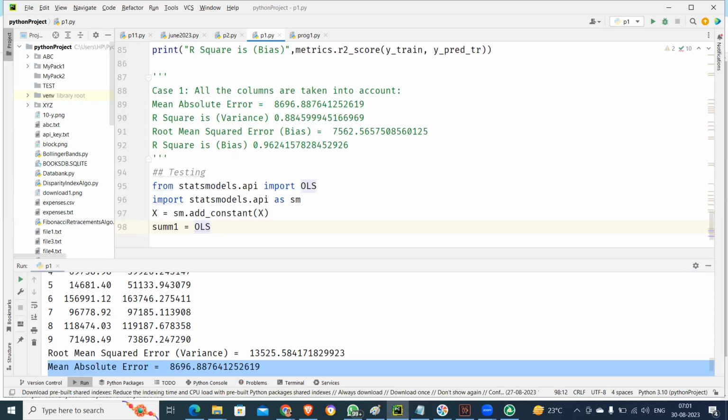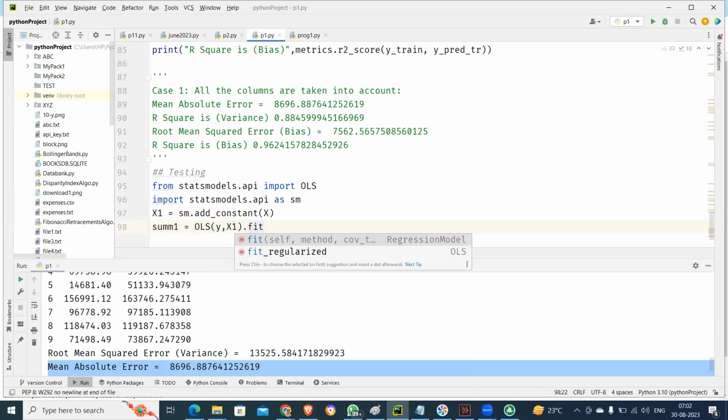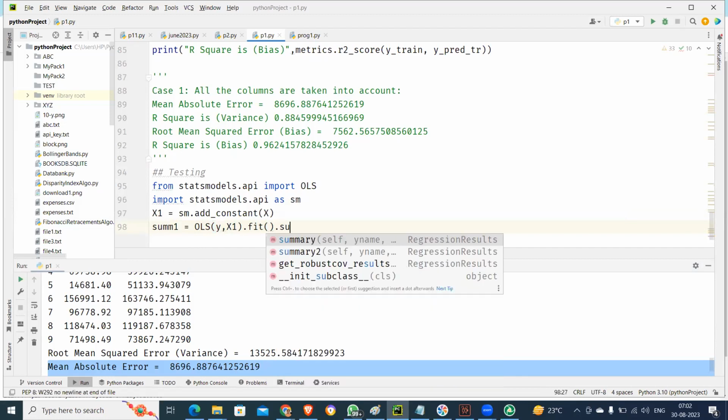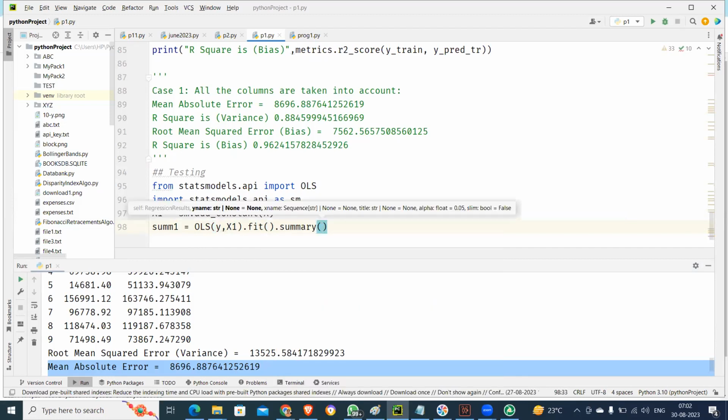Now I'll put x1 here, because we'll create multiple x's. So x1 equal to x with the constant added, so I'm adding all x to this x1. OLS of y comma x1, dot fit to perform, and then give me the summary after the fit.